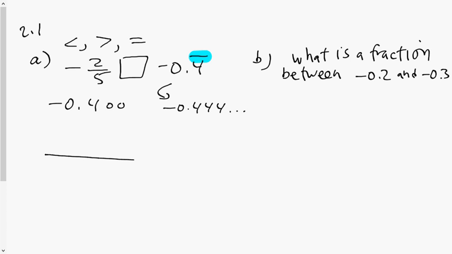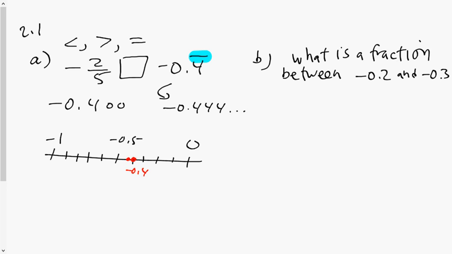On the number line: 0, negative 0.1, negative 0.2, negative 0.3, negative 0.4, negative 0.5, negative 0.6, negative 0.7, negative 0.8, negative 0.9, negative 1. Negative 0.4 even is going to be right here, right? And negative 0.4 repeating is going to be maybe right there.